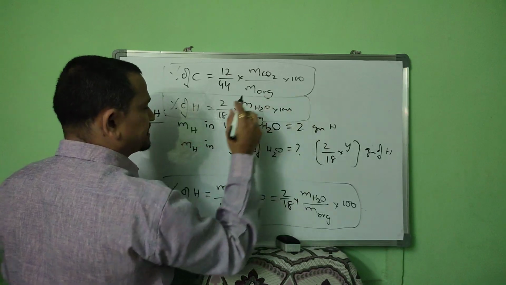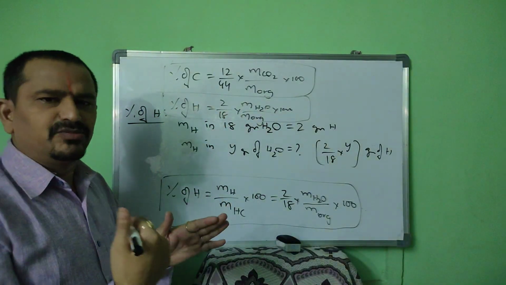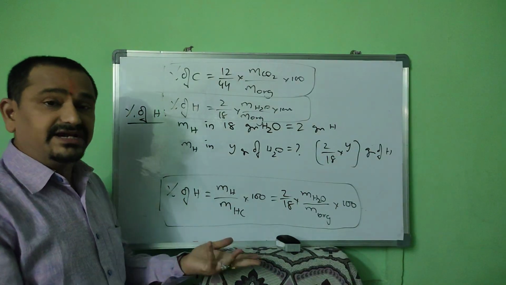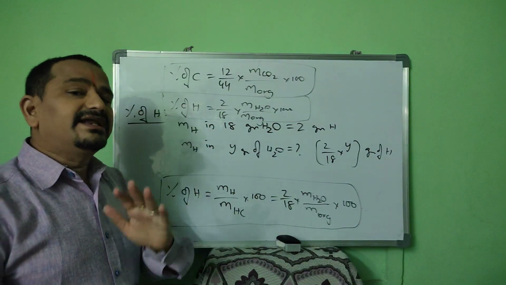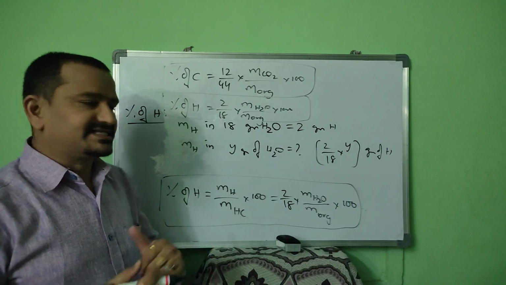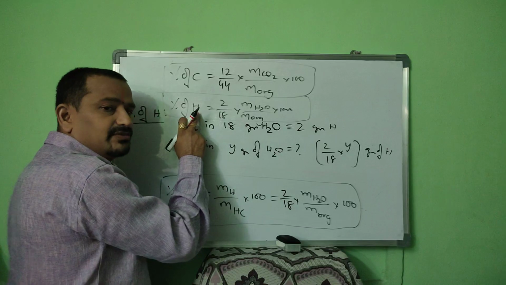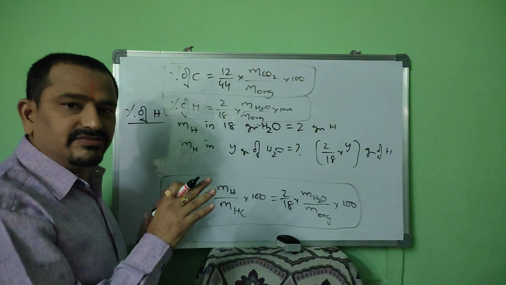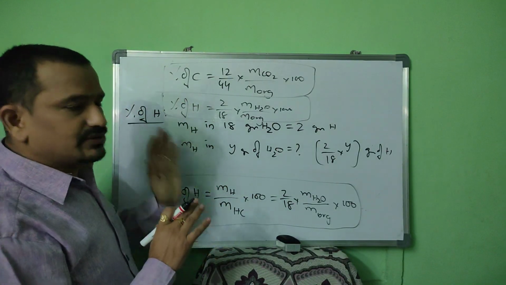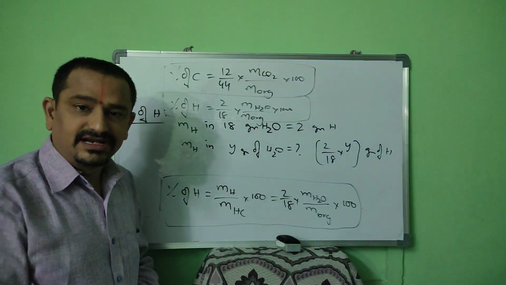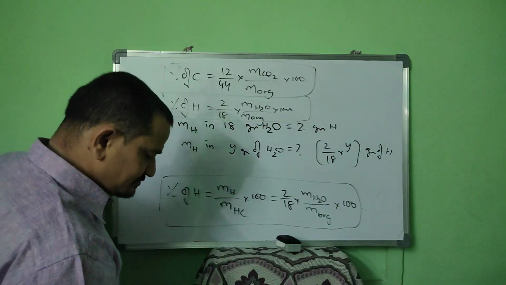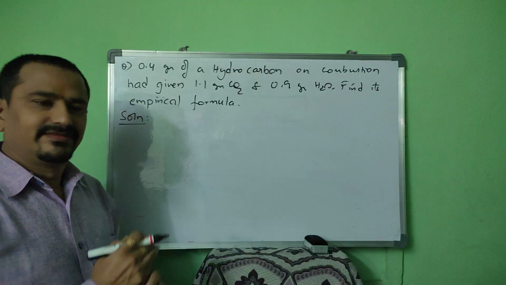These are two relations; we have 7-8 more relations like this. We are going to study them again in organic chemistry concepts, GOC basics. But at present you have to remember the percentage of carbon formula and the percentage of hydrogen formula. Using these two relations we have to discuss one numerical now. Understood?